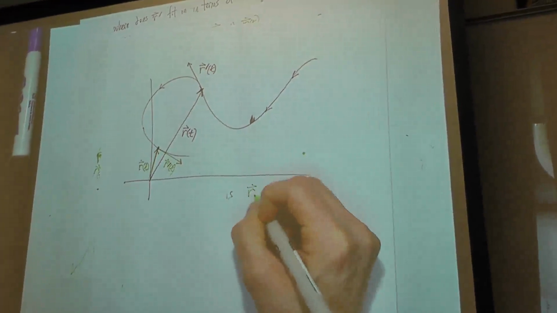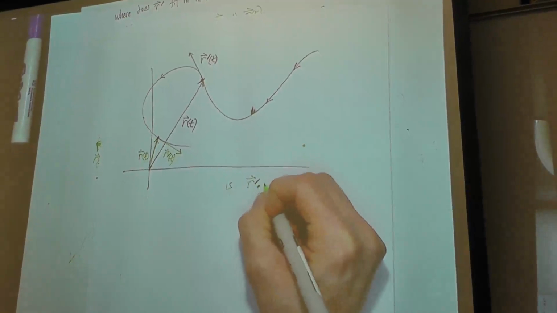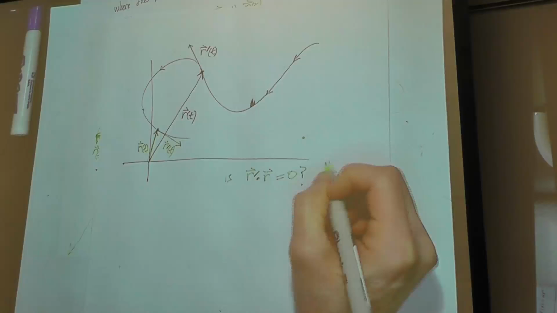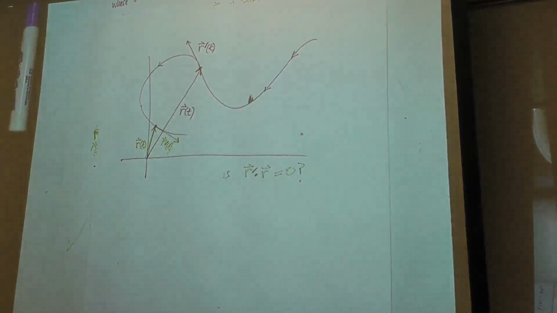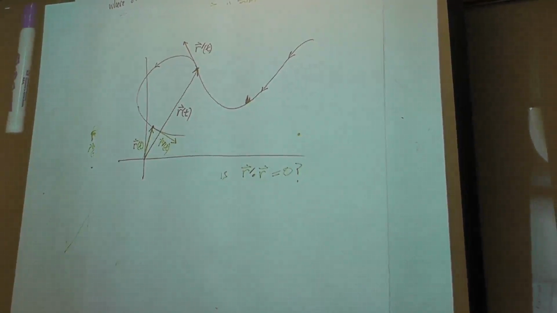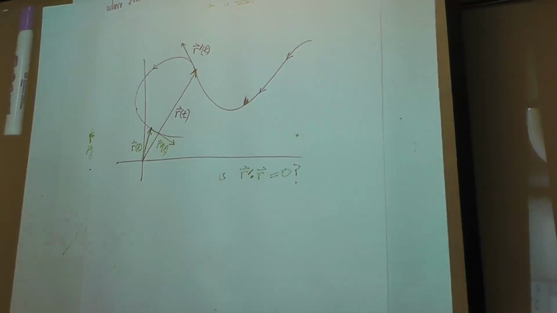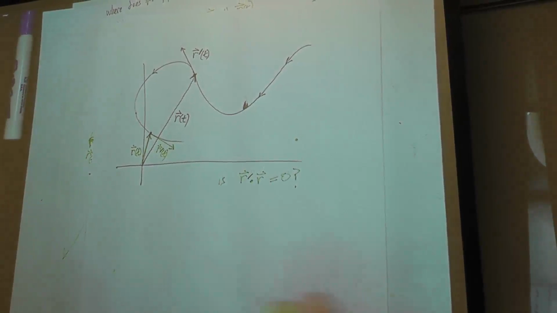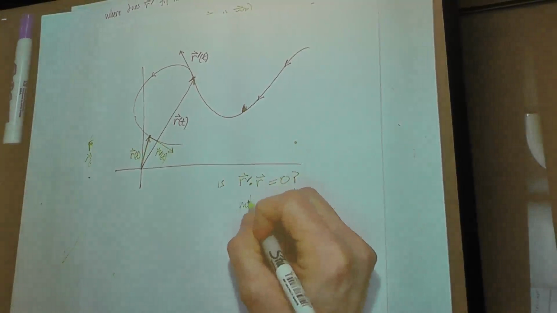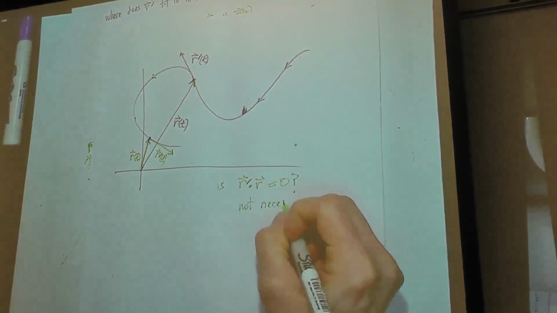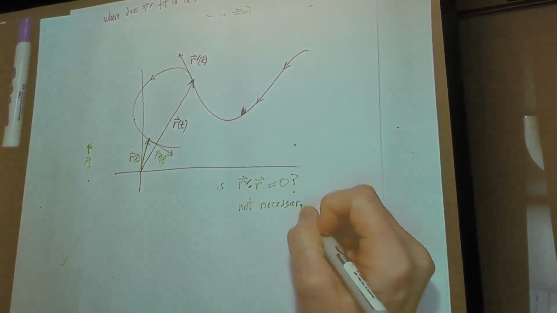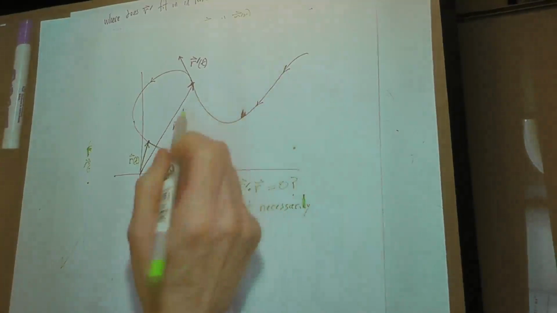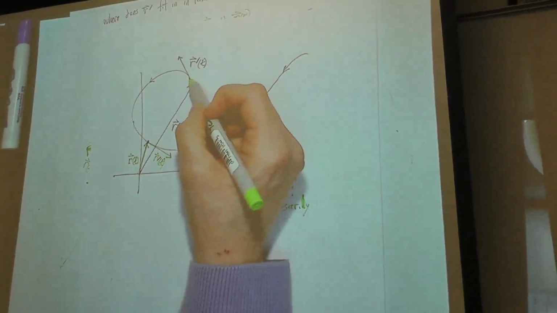Is r prime dotted with r 0? Not necessarily. Not at all necessarily. It's not orthogonal. Not in general. There will be times that it is, but not usually. You can see that here.